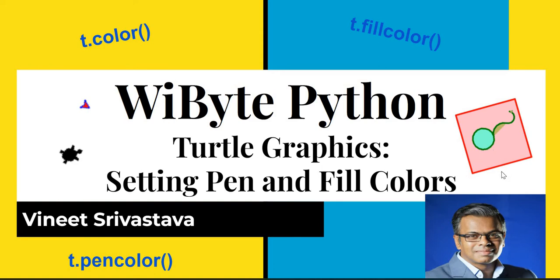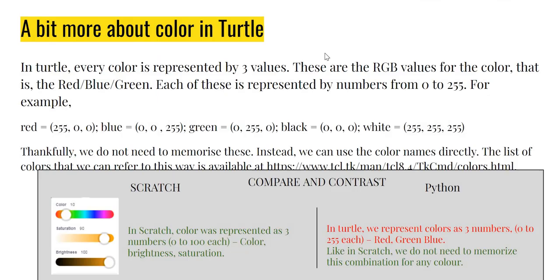But before I get there, let's just understand a little bit better about how a computer system represents color, and in general, how color works. In turtle, like in many other computer systems, color is represented by three values. These are called the R, G, and B value for that color. Each of these numbers is represented from 0 to 255.